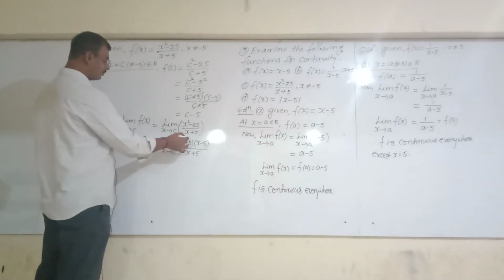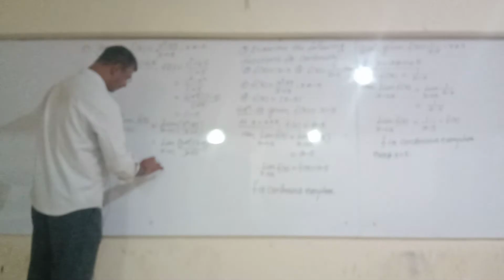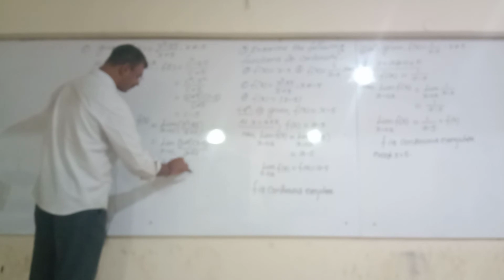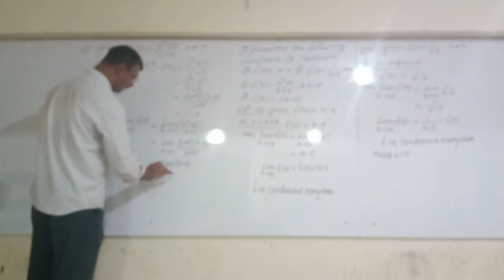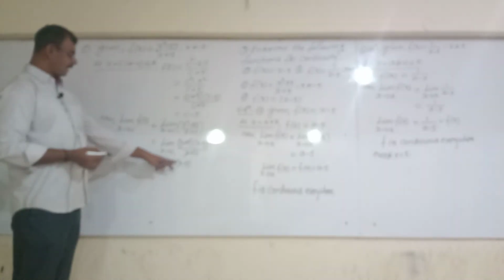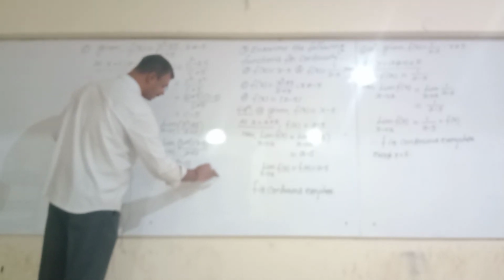Now simplify, so this gets cancelled. Limit of x minus 5 as x tends to c. Now apply the limit, put x is equal to c. We get c minus 5.